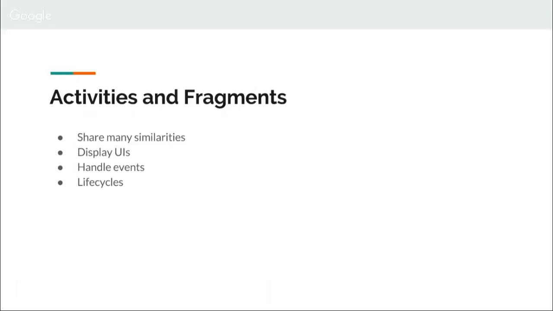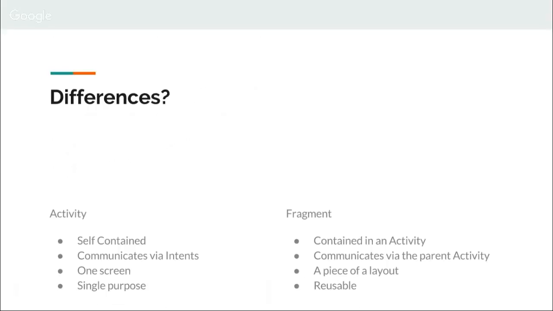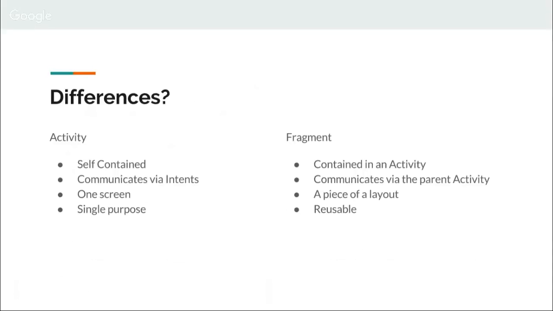I want to talk about some of the differences, like what are some differences between an activity and a fragment? Well, we already know an activity is self-contained. It communicates to other activities with an intent, and it can be considered one screen or one layout, right?